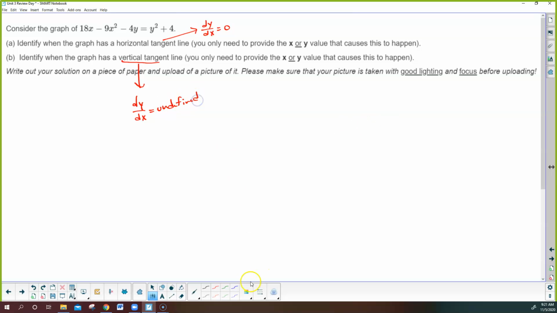If something is undefined and it's a fraction, what do we do? We set the denominator of dy/dx equal to 0. So take the derivative and set the denominator equal to 0, because that's what makes it undefined, and that's how we find vertical tangents. So just be aware of that.